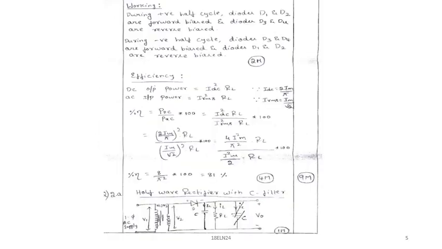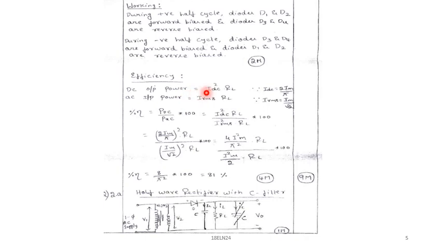Next is the working of the bridge rectifier. You have to mention what happens during the positive half cycle and what happens during the negative half cycle. That is 2 marks. They also asked for the derivation of efficiency. There is no need to derive all of IDC, IRMS, VDC, VRMS; directly write the IDC equation and IRMS equation.